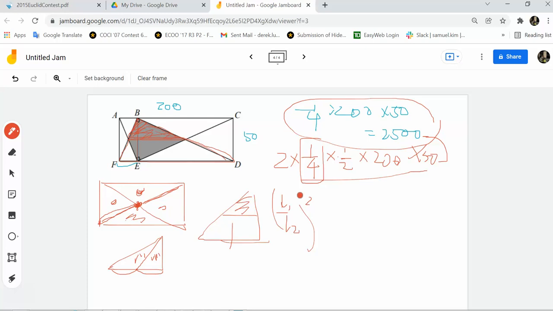Another one, right? If the question asks you to calculate EF, what is it? Now we know this triangle here, and this triangle here is our favorite training part here, this one and this one, right?